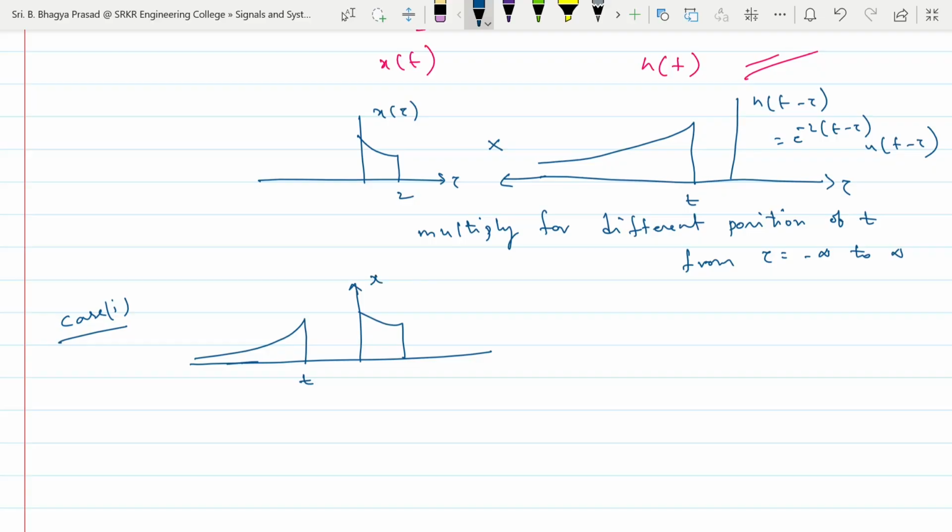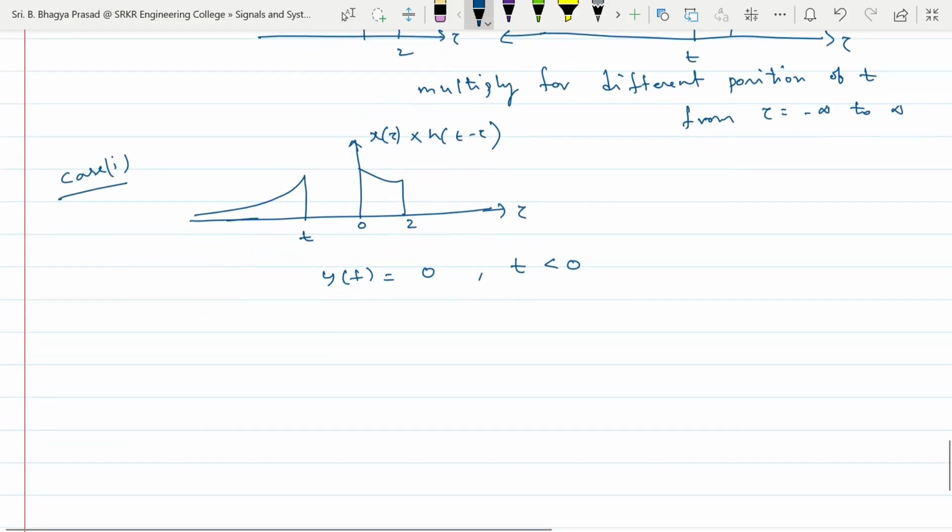We multiply x of tau with h of t minus tau. In this position the product is 0, there is no overlap, that is y of t is 0 for t less than 0.